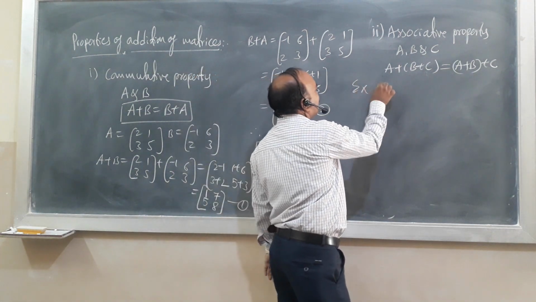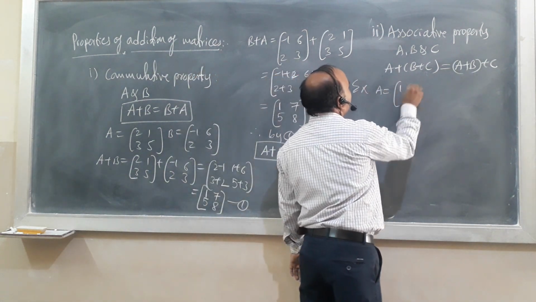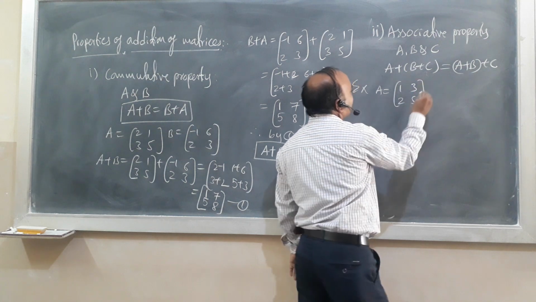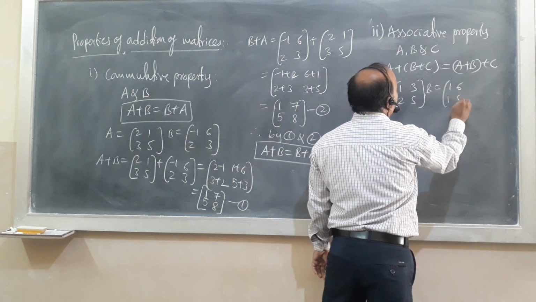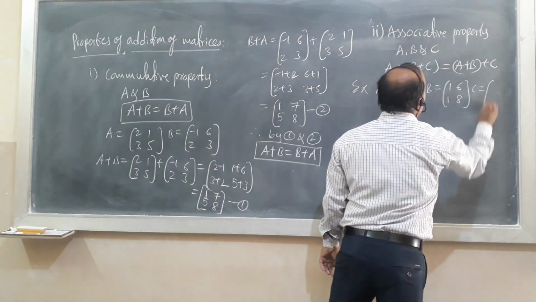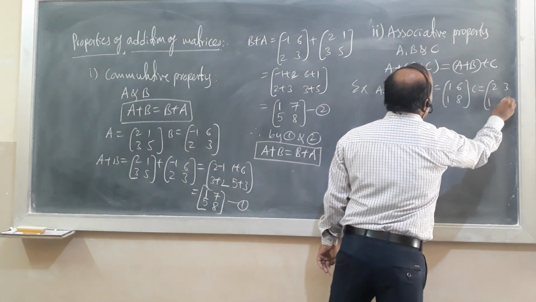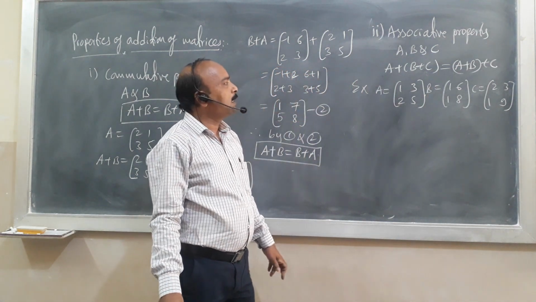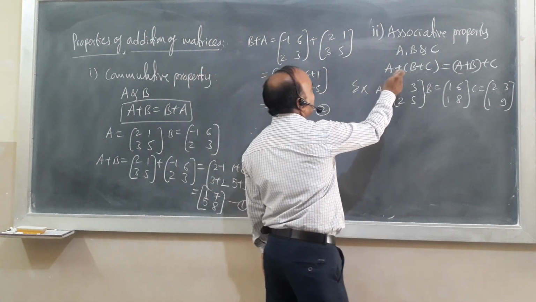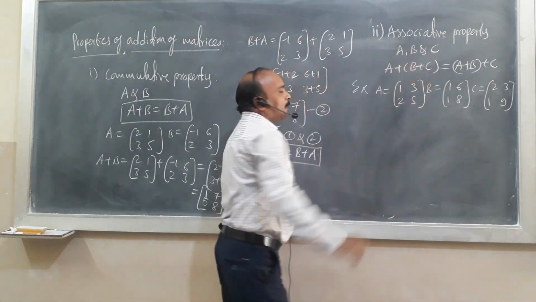For example, if you consider A equal to 1 3 2 5, B equal to 1 6 1 8, C equal to 2 3 1 9. Now we check the associative property for these three matrices. First we consider A plus (B plus C), the left hand side.